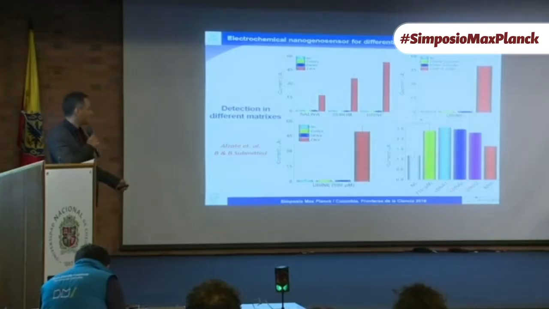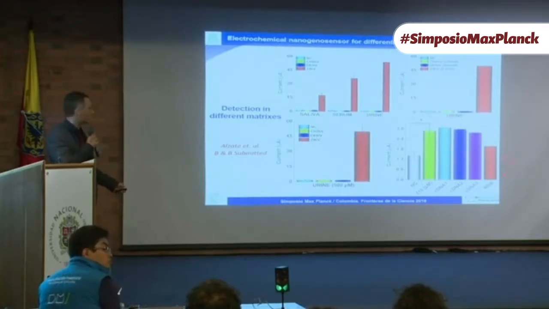We move a little bit closer to a real scenario. In this group, you have a statistically significant difference with synthetic DNA in the order of picomolar with respect to a negative control. We also have signals for cDNA from patients and also RNA directly from patients.